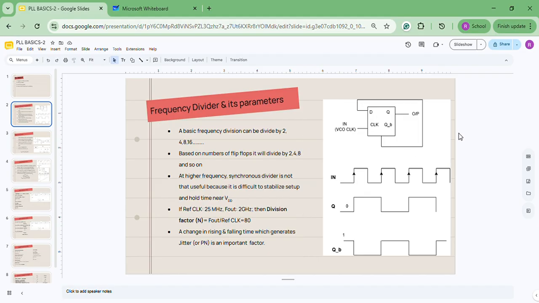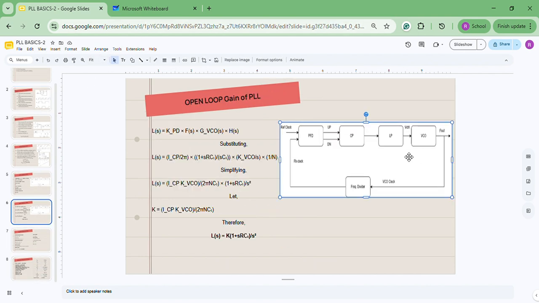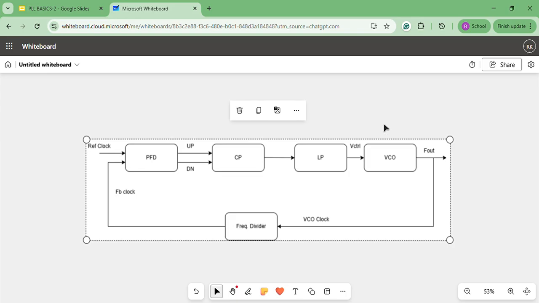So what is the most important factor in a frequency divider that we consider when designing our PLL? Let's look at the block diagram first. This was our block diagram of the PLL. Here we can see the VCO clock is input to the frequency divider, and the output of the frequency divider is the feedback clock.